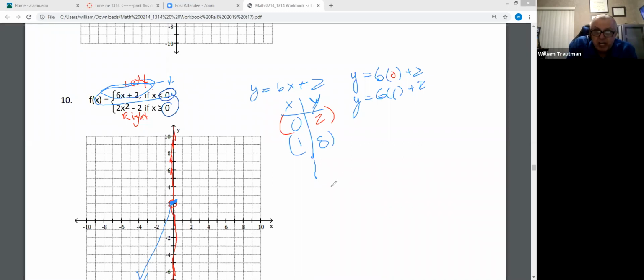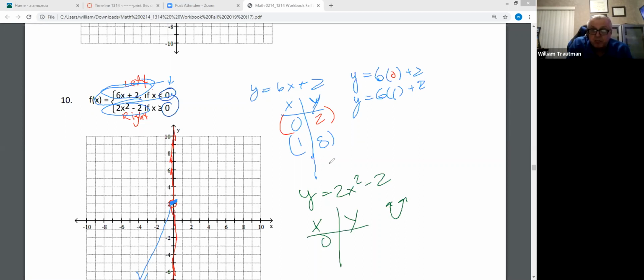The next graph, I'm going to do it in dark green. Y equals 2x squared minus 2. Remember, y equals x squared graphs are parabolas. They're U-shaped graphs. Start off by putting x equals 0 in there. If I put 0 in there, 2 times 0 squared, I get -2.